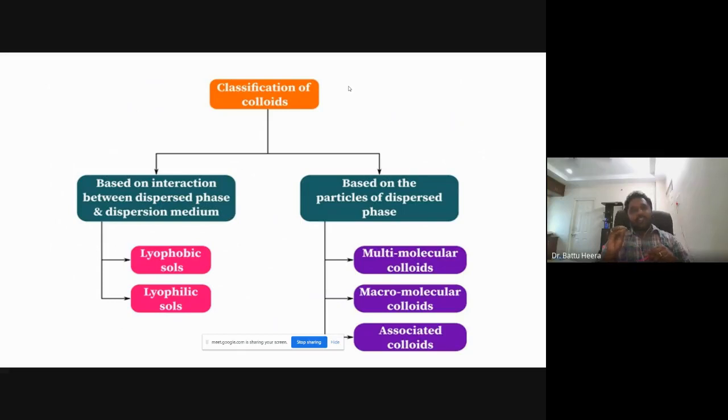That is based on the particle size, the colloids are differentiated into 3 types: multimolecular, macromolecular and associated colloids. Whereas based on the interaction between the dispersed phase and dispersion medium, the colloids are differentiated into lyophobic and lyophilic solutions.